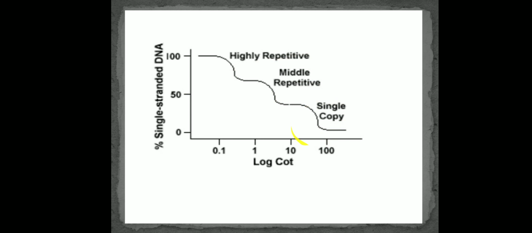Because their copy number is very less, they might remain as single stranded DNA, or take a lot of time to form double stranded DNA. So the COT value for unique DNA will be more, and the COT value for highly repetitive DNA will be less. So by plotting this graph, we will know how much highly repetitive sequence, moderately repetitive sequence, and unique DNA sequence are present in a genome.